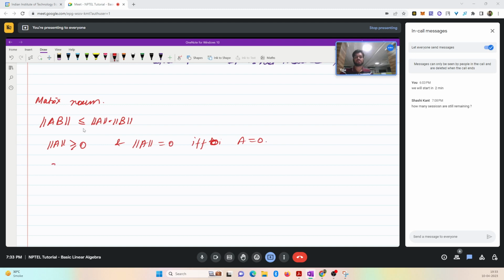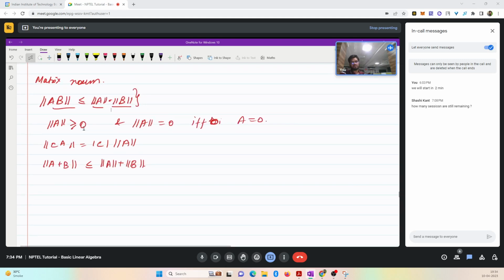The second property was norm of C times A should be equal to mod C times norm of A. Third one was that norm of A plus B should be less than or equal to norm of A plus norm of B. But apart from it, one more property that should be satisfied is that norm of product AB is always less than or equal to norm of A into norm of B. Okay, I just wanted to mention it. Probably it won't be used right now, but it is used in many places in numerical analysis, or functional analysis, where this becomes useful.